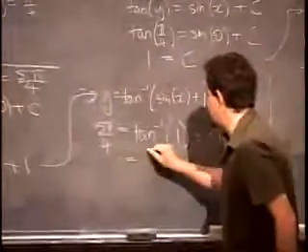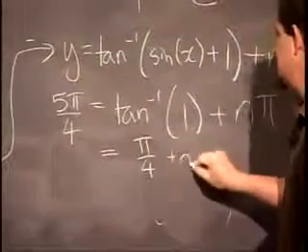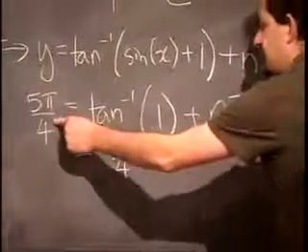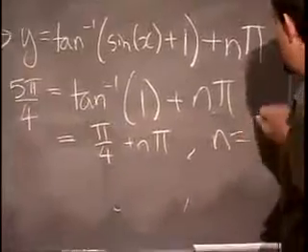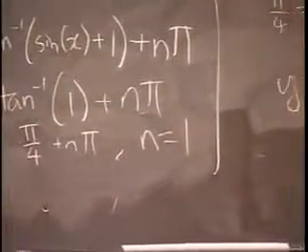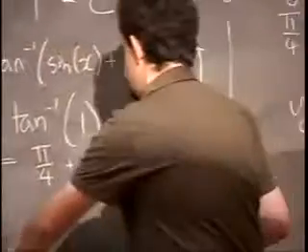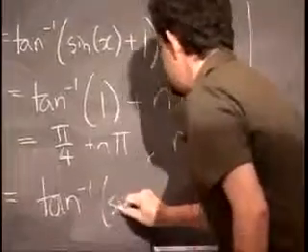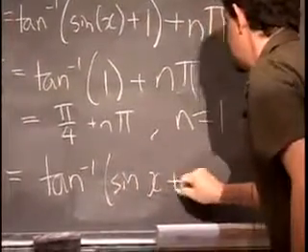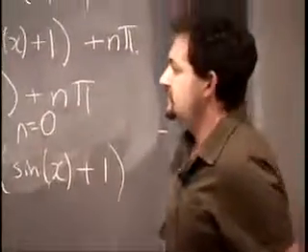Inverse tan of 1 is just pi over 4. So you need 5 pi over 4 is pi over 4 plus pi. This means n equals 1. And in this solution, for this initial value problem, y is inverse tan of sine x plus 1, plus pi. We'll have the extra pi there. So it's kind of a tricky little point.